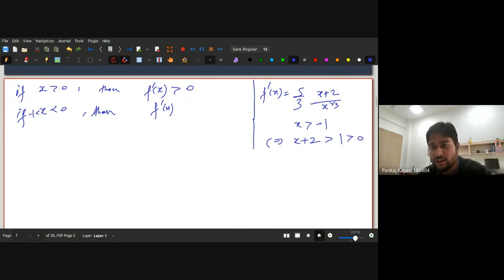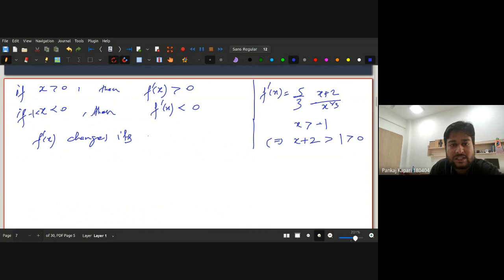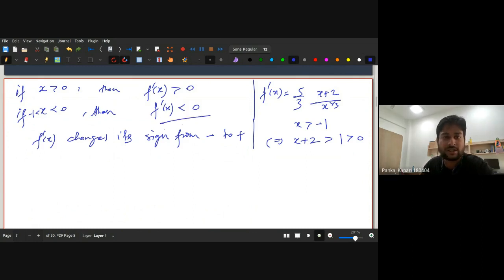That means the numerator is still positive, so the derivative has negative sign. So the derivative changes its sign from negative to positive. On the left hand side of 0, its sign is negative, and on the right hand side of 0, the derivative has positive sign.